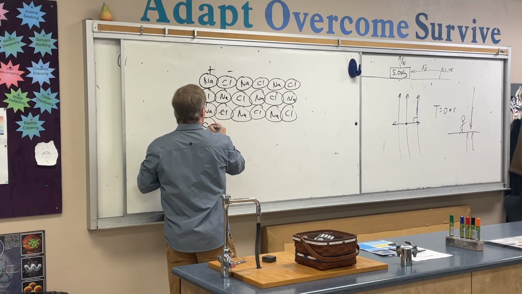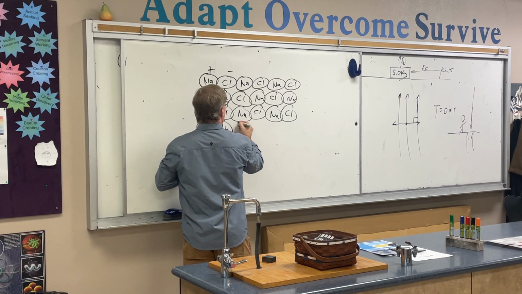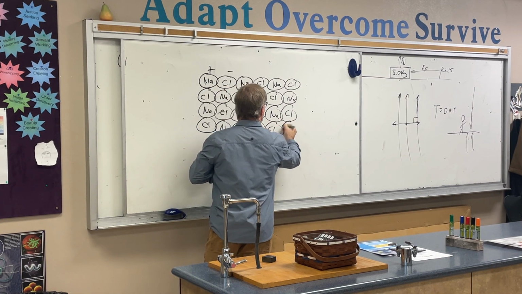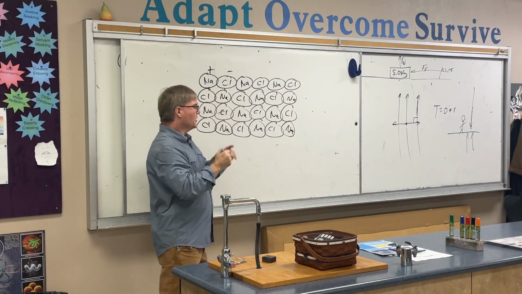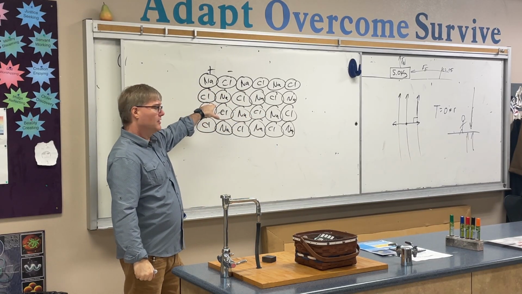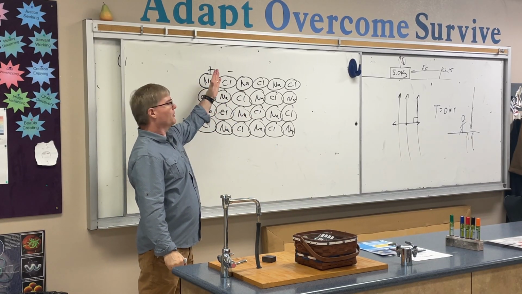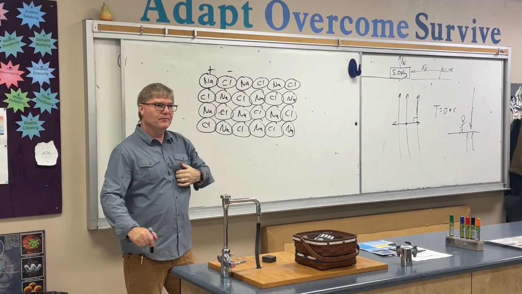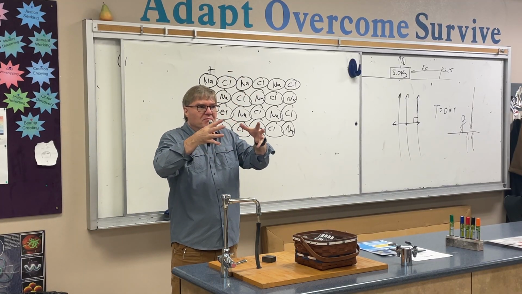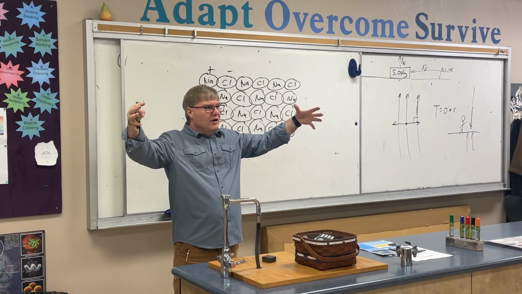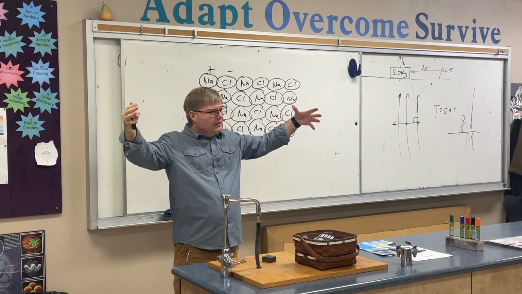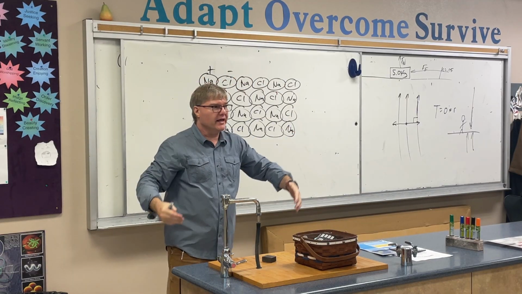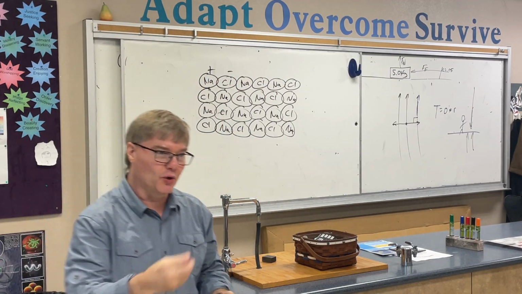So here's Cl, here's an Na, Cl, here's an Na, and it can go in 3 dimensions. So you can stack, there could be a chlorine here, and then a sodium, and a chlorine and a sodium. And so if this kept getting bigger and bigger, what shape is this going to make? A cube.